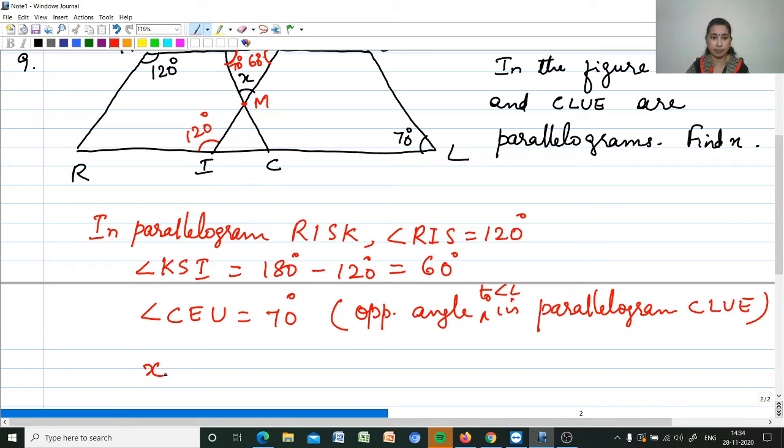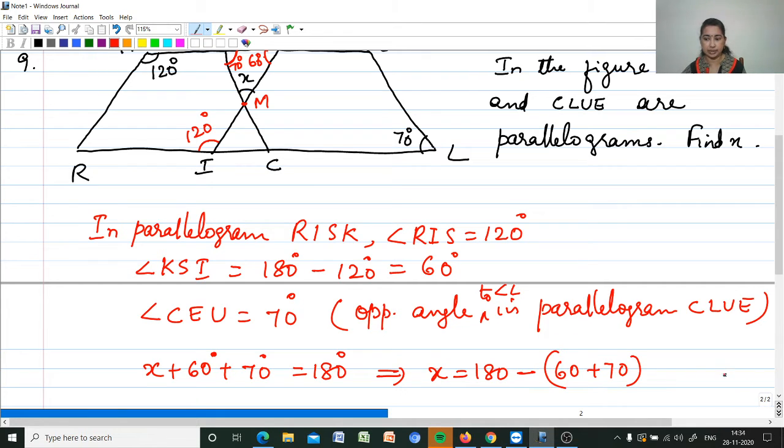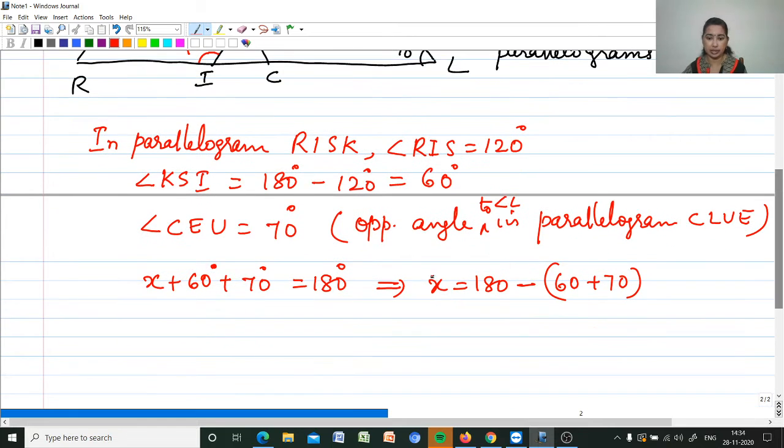So, X plus 60 plus 70 is equal to 180, or X is equal to 180 minus (60 plus 70). That 60 and 70 should be written in the bracket. So, X is equal to 180 minus 130, which is equal to 50 degrees. So, X equals 50 degrees.